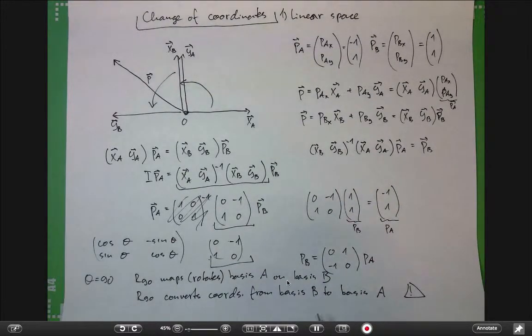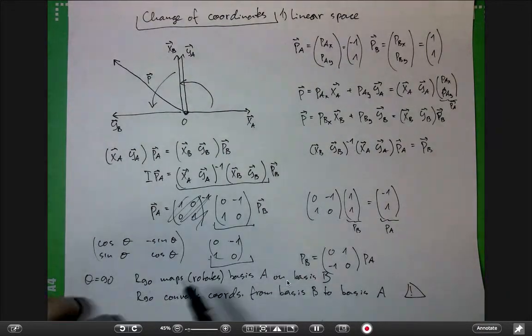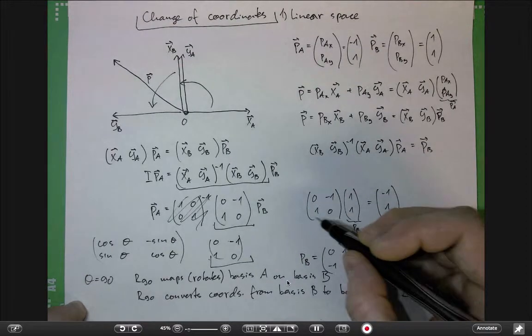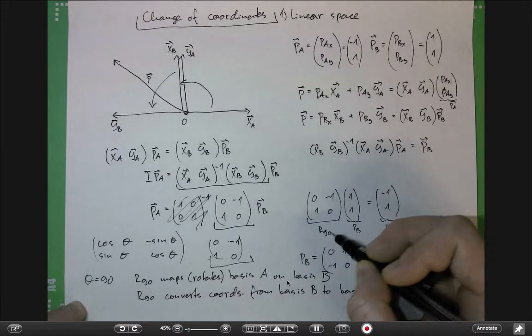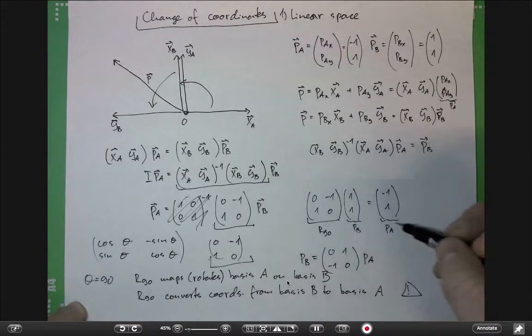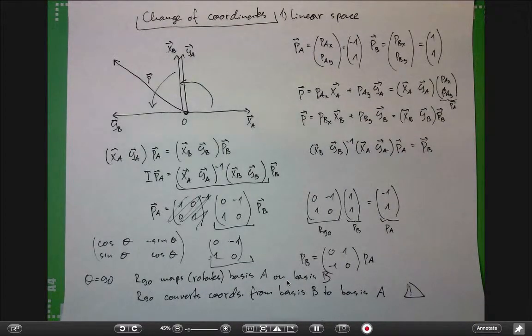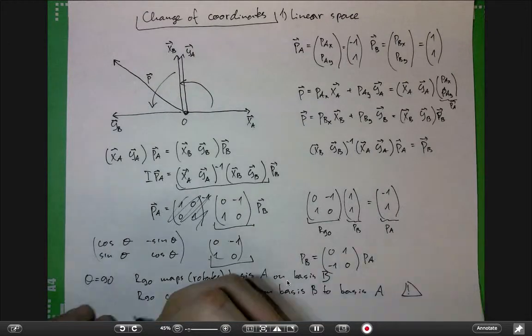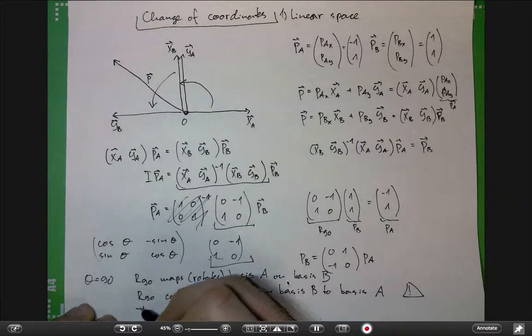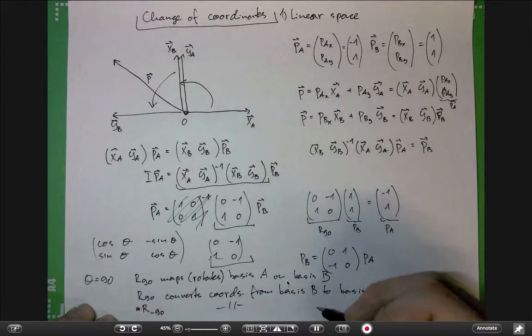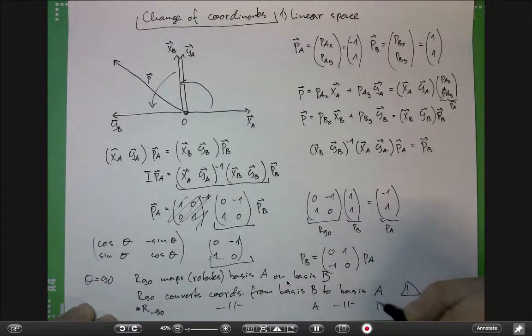This is not a mistake. If it moves the basis A onto B, then it converts coordinates, but the other way around. Converts coordinates from B to A. Because here, this is my R90. It takes coordinates with respect to B, returns coordinates with respect to A. If I want to convert coordinates the other way around, I need to ask for the inverse matrix, right? I need to do R minus 90, and it then converts the coordinates from A to B.